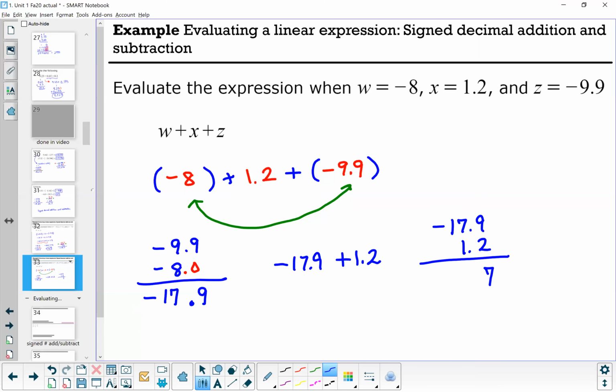Bring down the decimal point. 7 minus 1, 6. 1 minus 0, 1. And the sign comes from this top number, which is negative. So our answer to this question is negative 16.7. I hope that was helpful.